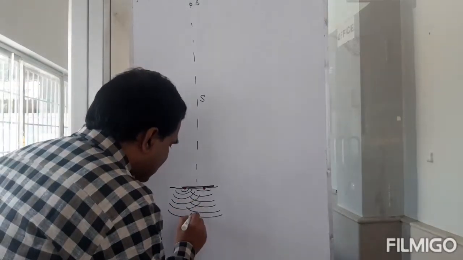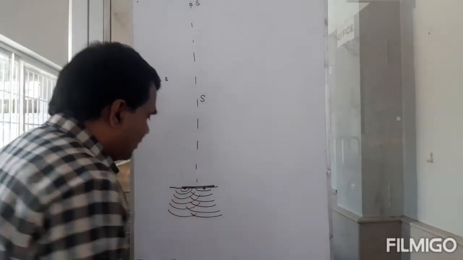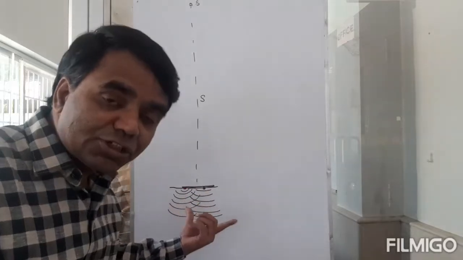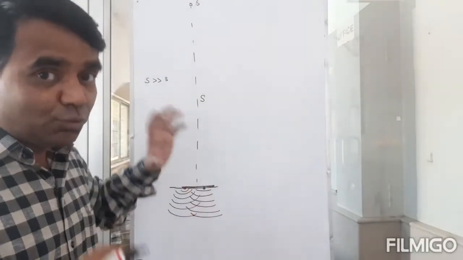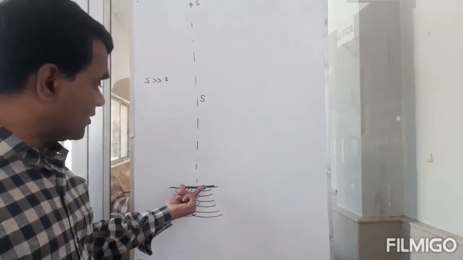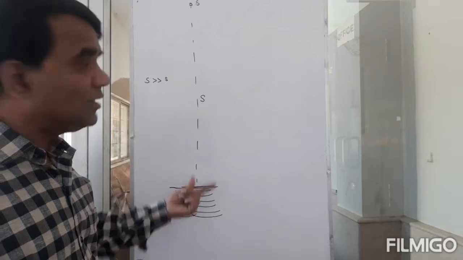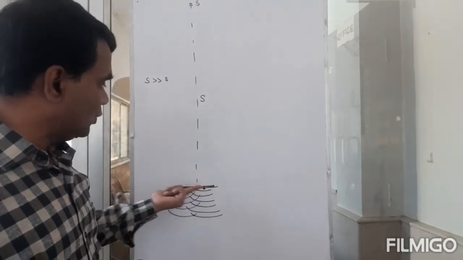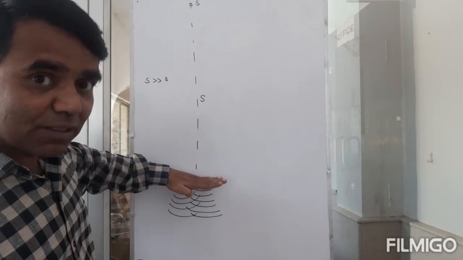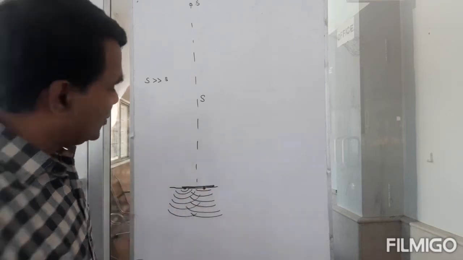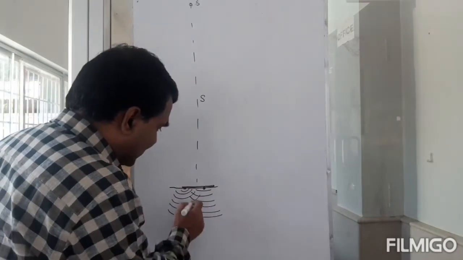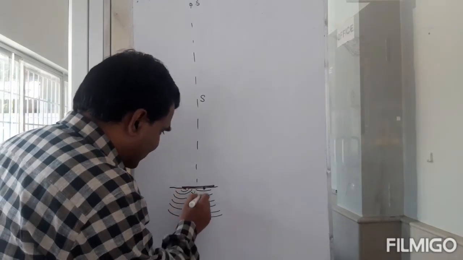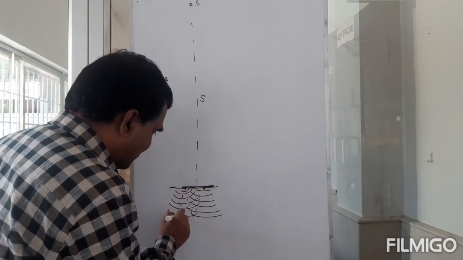So this distance will not change the phase. Why? Because these two are in phase. Whatever be the source, these two will be in phase because you are getting a plane wave here. If they are in phase, then the phase difference is decided only by the distance now.